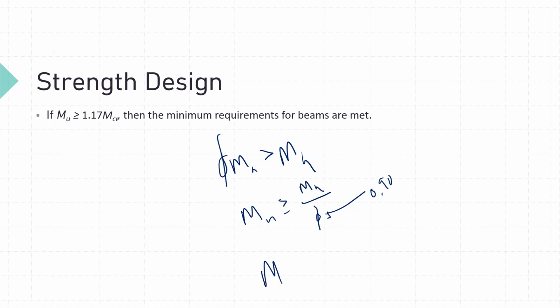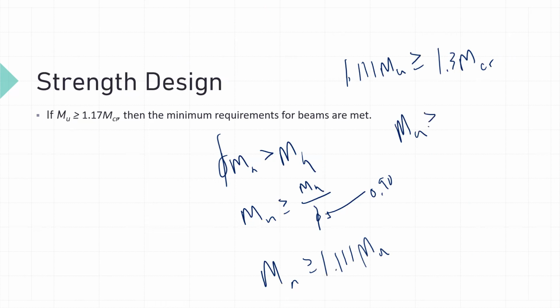And so M sub N is then greater than or equal to 1.111 times M sub U. And so rewriting that in terms of our minimum requirements, M sub N needs to be greater than or equal to 1.3 times our cracking moment. We have 1.111 times M sub U, our applied factored moment, needs to be greater than or equal to 1.3 times our cracking moment. And then just moving all of our numbers over to one side, we get M sub U greater than or equal to 1.3 divided by 1.111 times M sub cr.